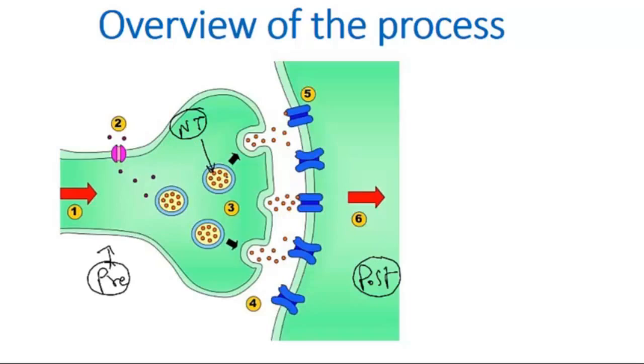There are two types of neurotransmitters available. One type is the excitatory neurotransmitter, another type is the inhibitory neurotransmitter.